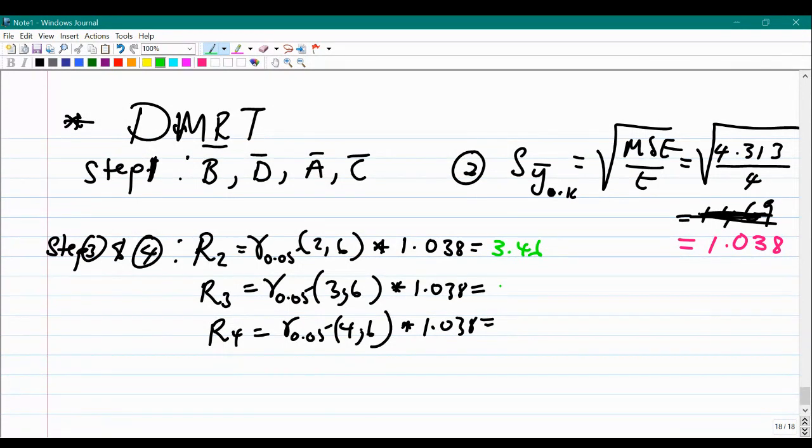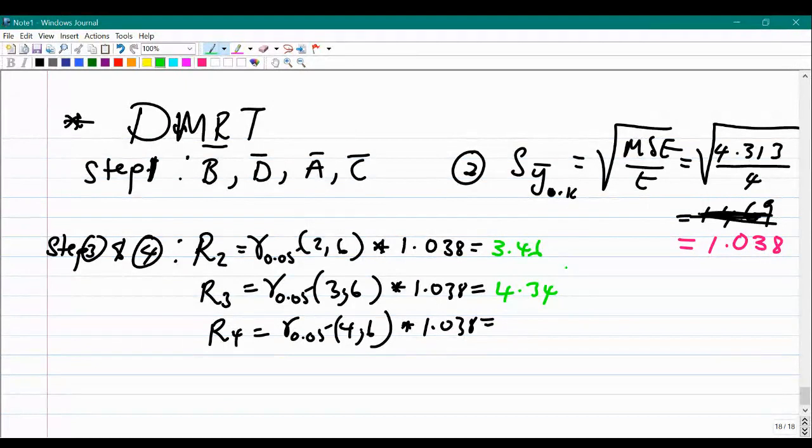The second value, give us the values. 4.34. Someone is saying 3, someone is saying 4. Guys, let's go. No, so it's not 4.34. It's 3.587.